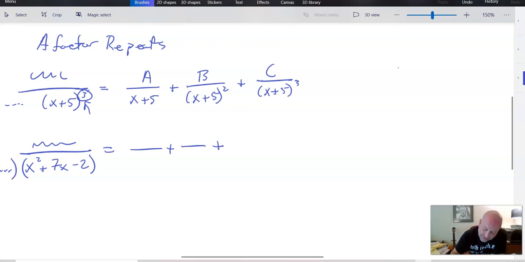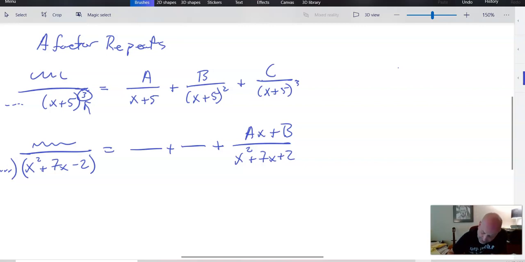When I get to this factor, when I write a quadratic denominator, what I do is I write a linear numerator. So it's not just a number by itself. It actually turns out to be ax plus b. So if I have a quadratic denominator, I need a linear numerator.